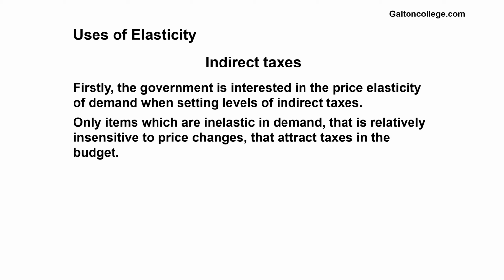So when the government has the budget and wants to raise some money, it'll impose a tax on items which are important to us, like petrol and foodstuffs and electricity, the essentials, because we have to buy them. We can't really go without.